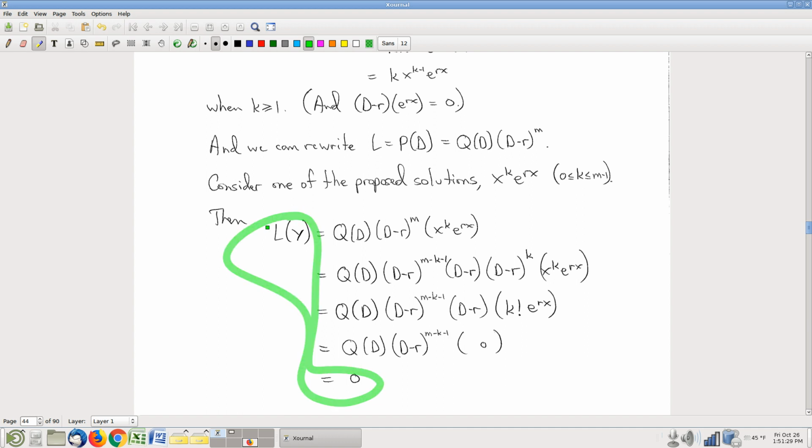So these functions, these y's that we just tested, are solutions to that homogeneous differential equation, just like we asserted in chapter 4. Everybody see how that works? Notice again, it's specifically the algebra that makes this possible. I had to be able to take my P of D, my differential operator, and factor it and move factors around in order for this observation to work.